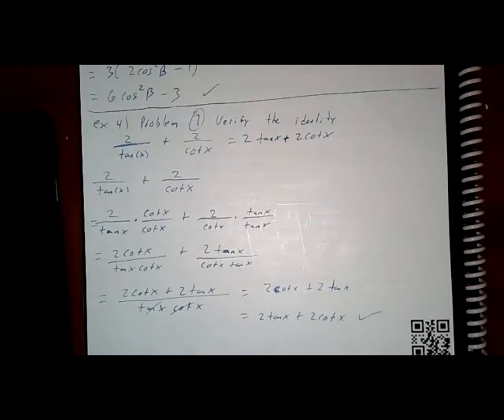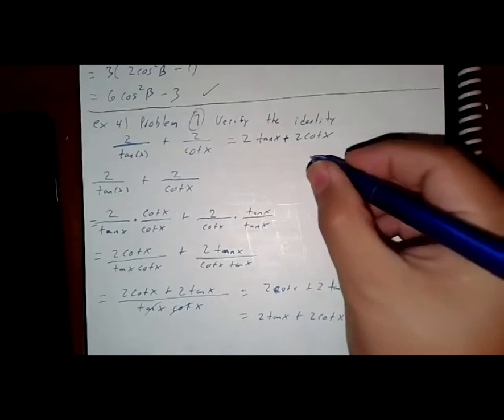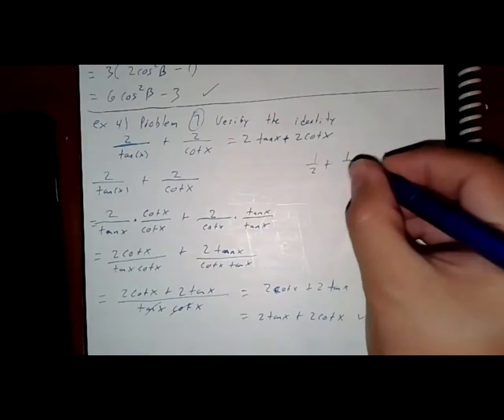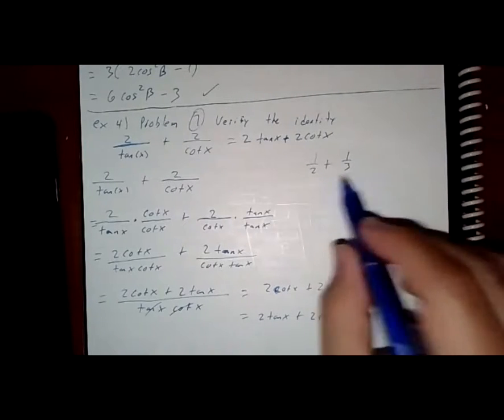Okay, I have a question. When you did the LCD, I don't even know. Wait, I'm confused. Is cotangent the opposite of tangent? Is that why you did the cotangent with the tangent? It's basically like if you had a half plus a third, the LCD is 6, right?